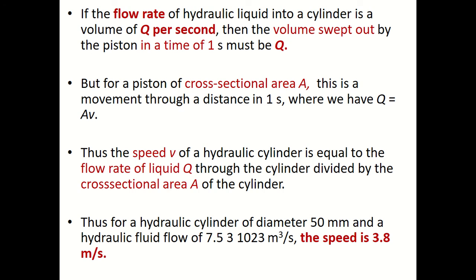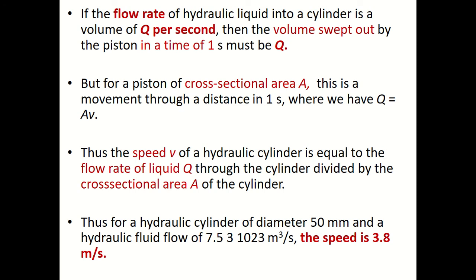So the speed v of the hydraulic cylinder is equal to the flow rate of the liquid through the cylinder divided by the cross-sectional area. It is very clear. We already saw how to find the force; now we are looking at the speed. From Q equal to A v, you can find the speed of the hydraulic cylinder, that is the flow rate of the liquid divided by the cross-sectional area of the cylinder.